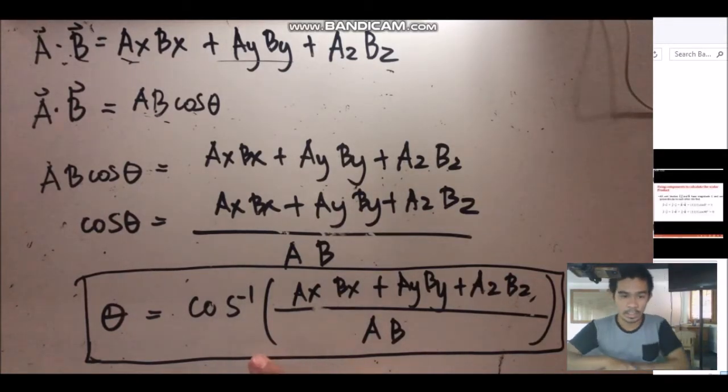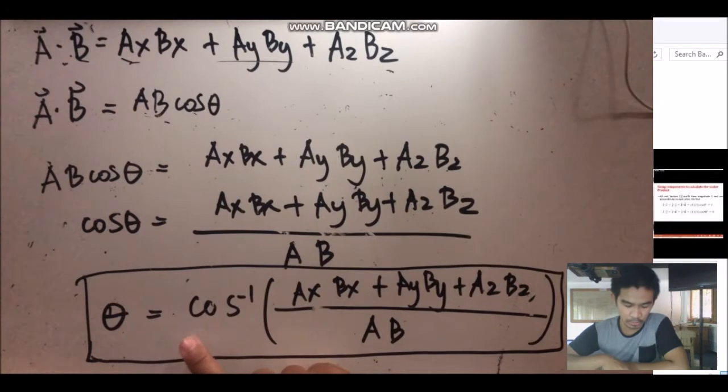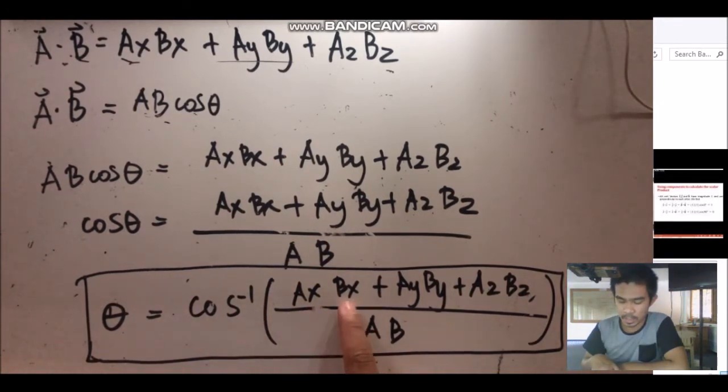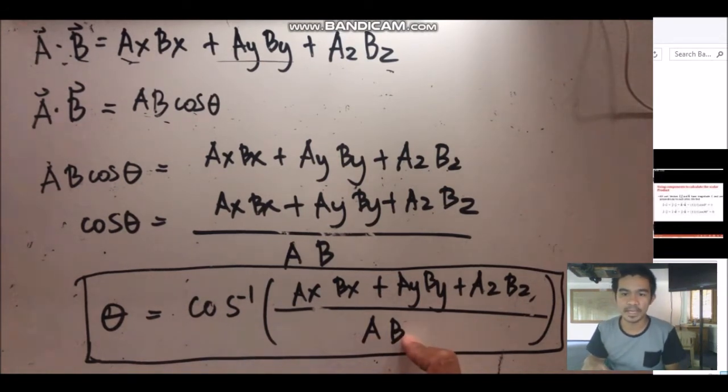So this is the angle between the two given vectors, which is the inverse cosine of AX BX plus AY BY plus AZ BZ all over the magnitude of vector A times the magnitude of vector B.